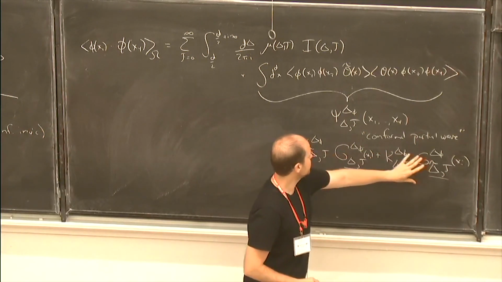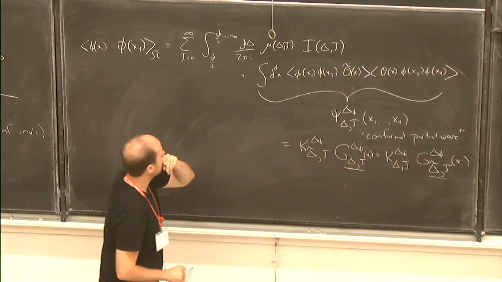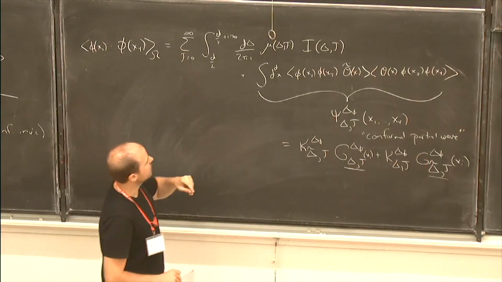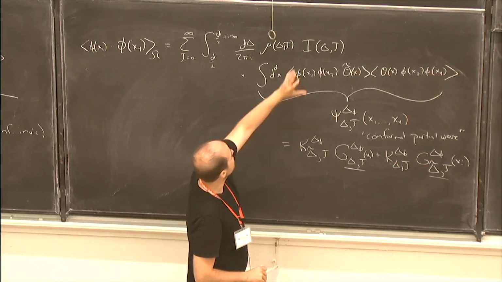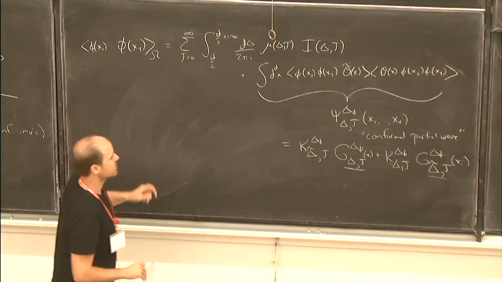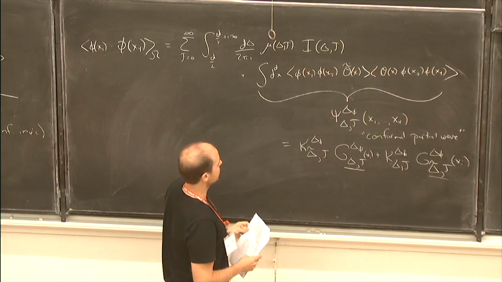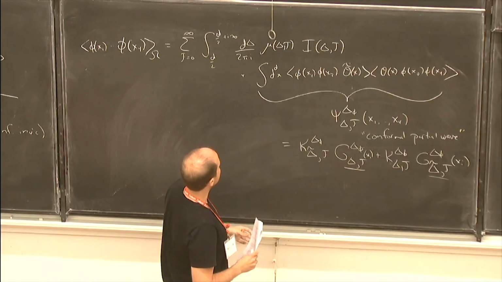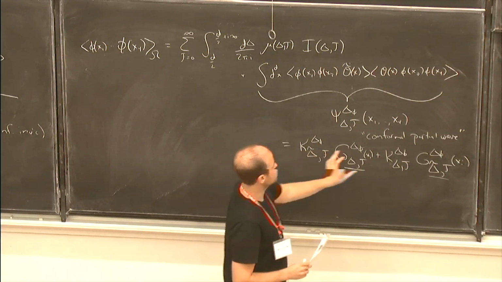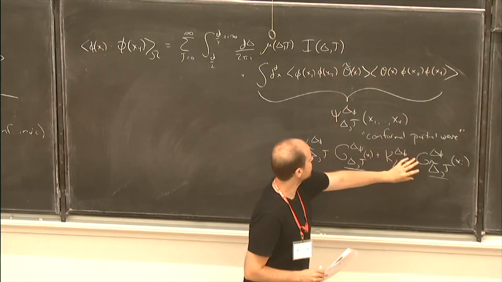If you take this expression and plug it in here, it turns out, and this will probably be on the exercises if I get around to writing it up, that there's a sort of symmetry between delta and delta shadow.